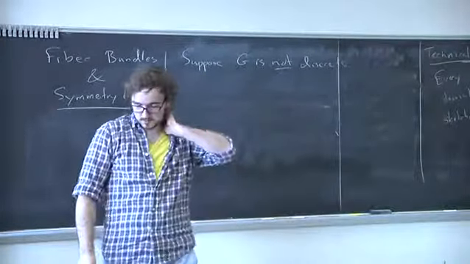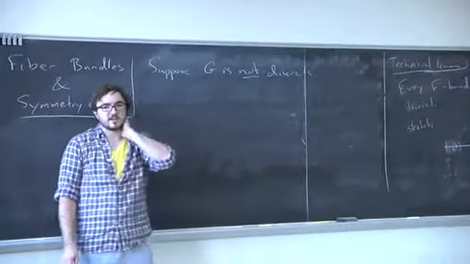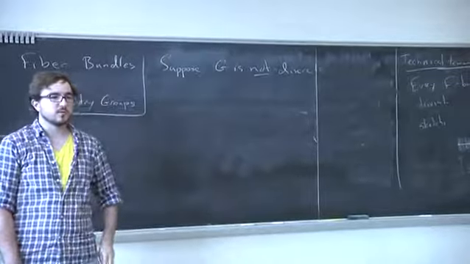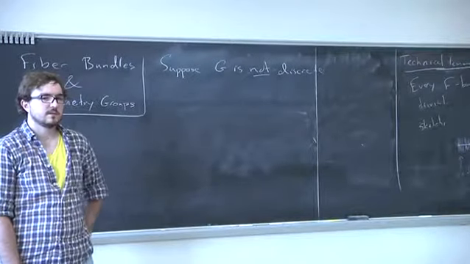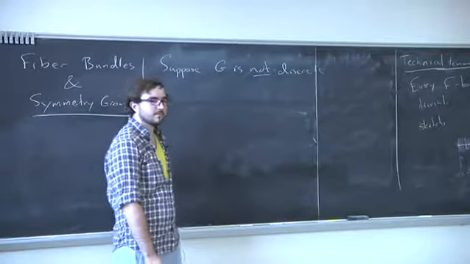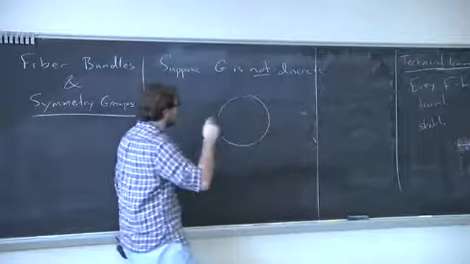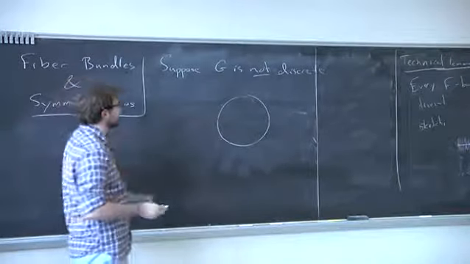Okay, so what's an example of some object that has a non-discrete automorphism group? Maybe the simplest one you can think of. Circle. I like circles better. Lines are going to reduce to what we just did. But a circle. Okay.